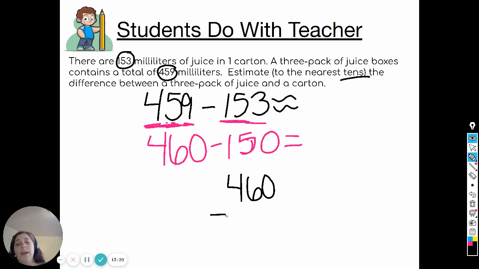460 minus 150. I'm going to give you a minute to message me the answer to this problem and go Guardian. 460 minus 150.